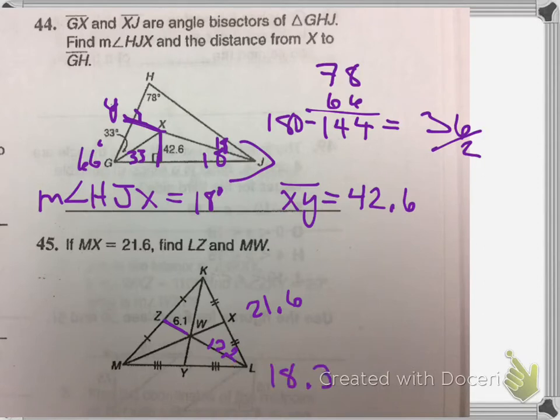That would be LZ. So LZ would be 18.3. Remember, you divide this by 3, you get 7.2. That would be WX right here, 7.2. Double that to get 14.4, and you've got MW. So it's just a matter of easily recognizing and going from there, and that shouldn't be too bad.